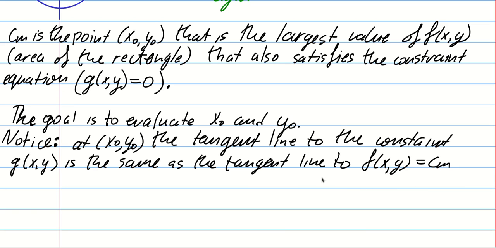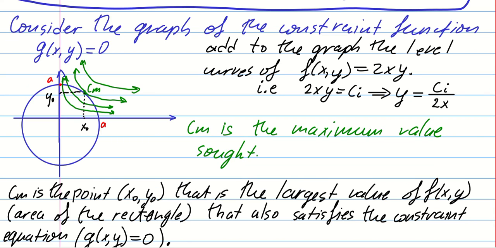Basically, if we go back to our picture and draw a line over here, you will see that this line will be tangent to both the circle and this curve that happens at c sub m.